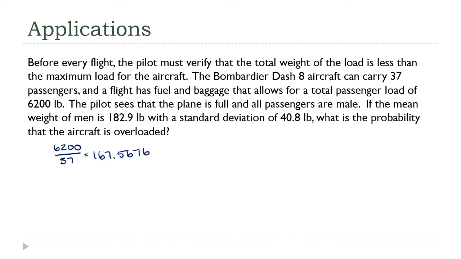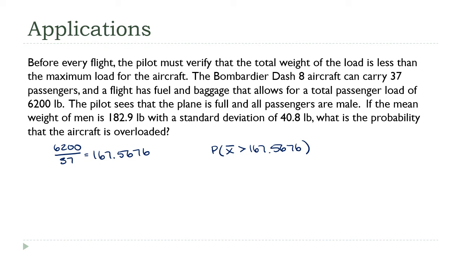So what I want to know is, what is the probability that the average weight of a group of this size is greater than 167.5676? If that number is even a small number, it's going to maybe have me not getting on that plane. But let's see what we can figure out here.